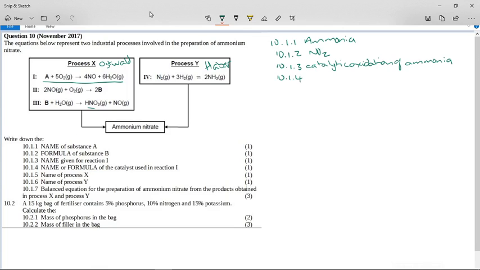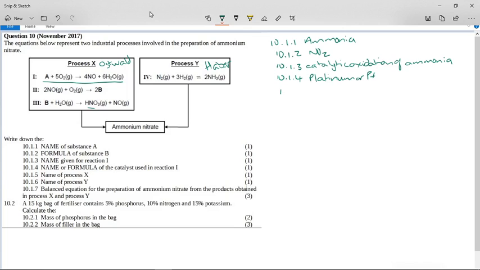And then, just like a parrot, you learned what was the catalyst used in reaction 1 in this catalytic oxidation of ammonia. It is platinum or Pt, because this one either will be accepted because it says the name or the formula.